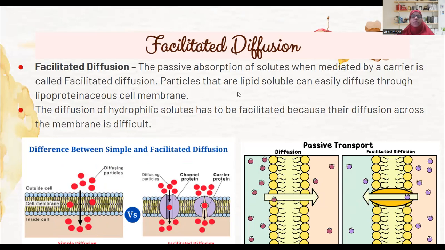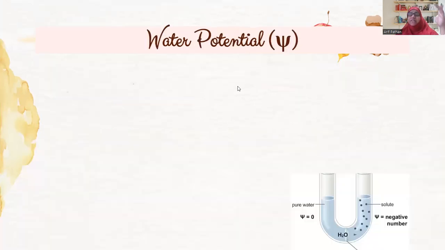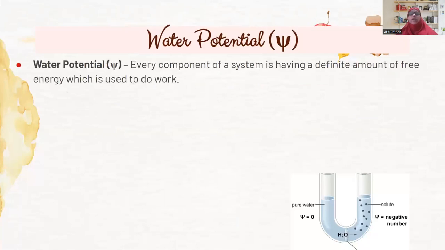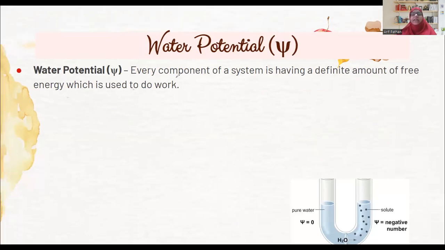Then next we move to something known as water potential. This we have discussed in the previous video. Certain extra points we will be adding here. Recapping what it is: every component of a system, whether we are talking about any system, an osmotic system or a diffusion setup, has some amount of free energy which is used to do work.